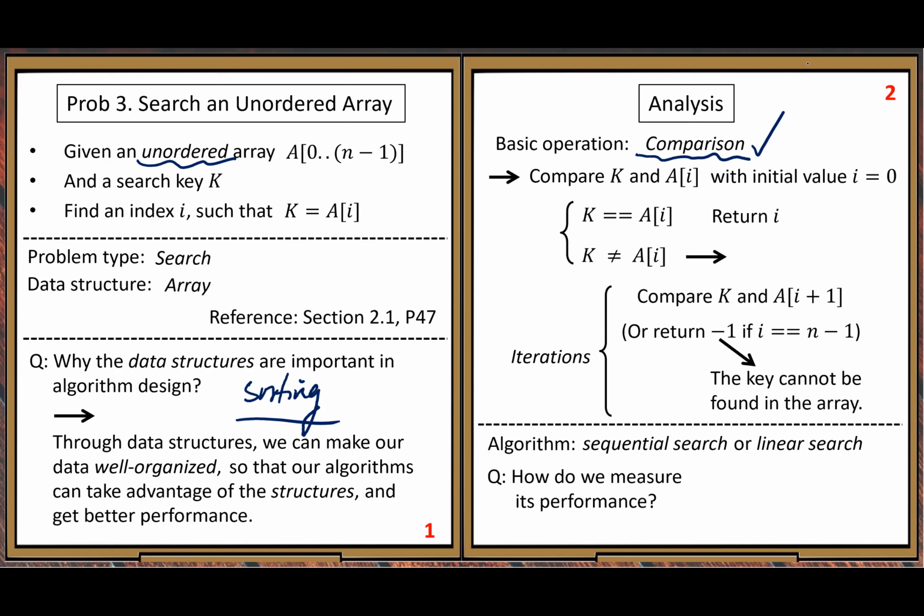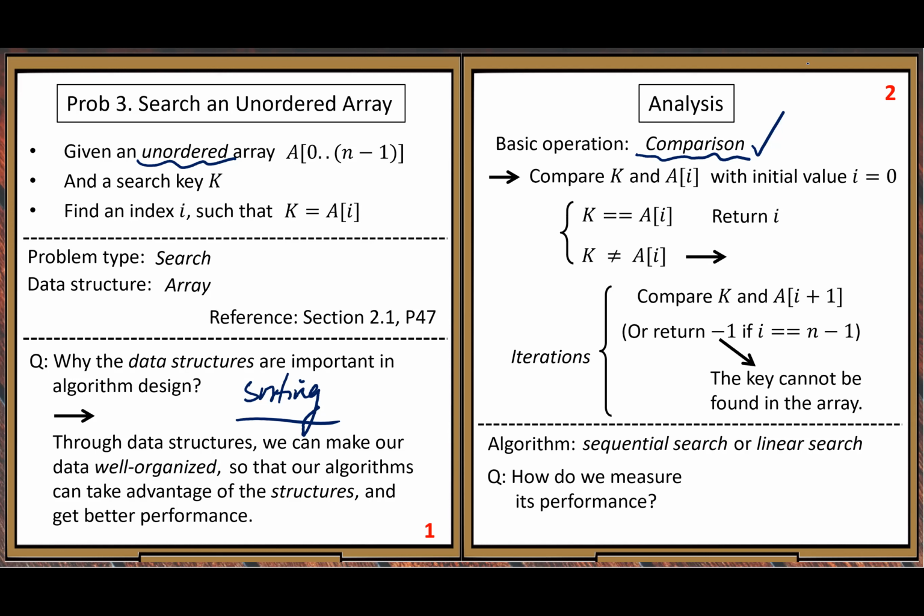But there is another question. If you use the number of comparisons, then sometimes when you are very lucky, you find your search key in the first comparison. But many times you may not be that lucky.